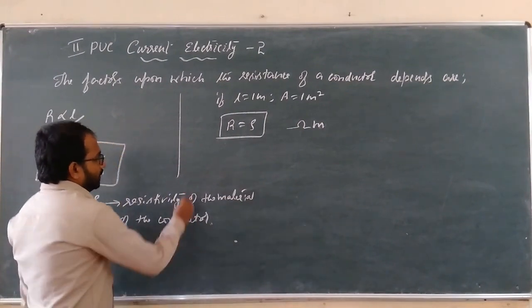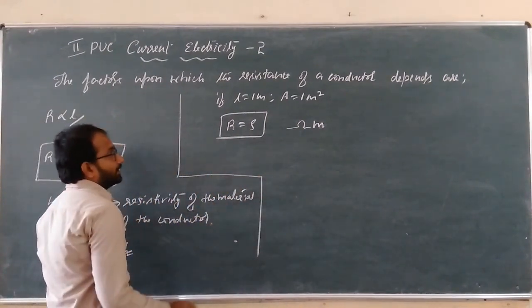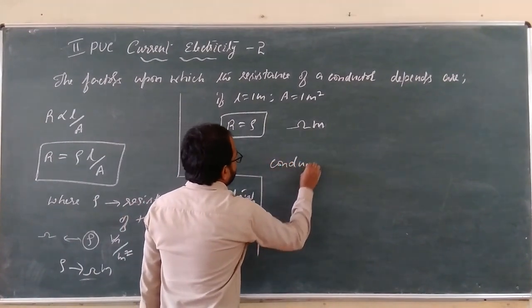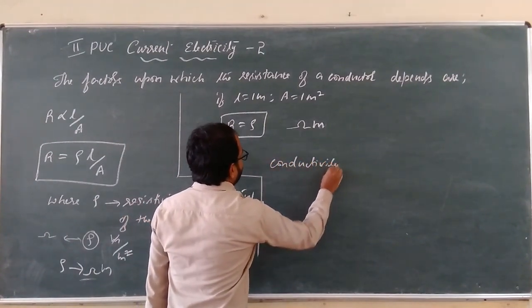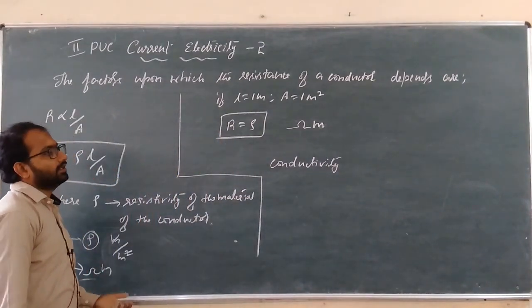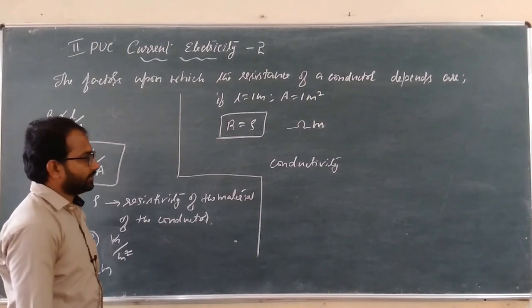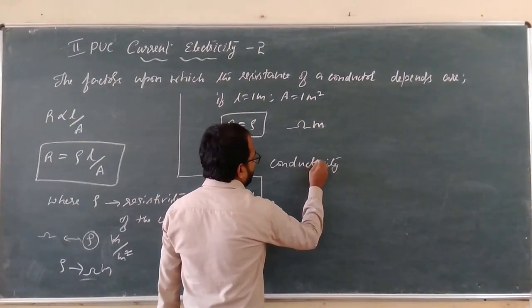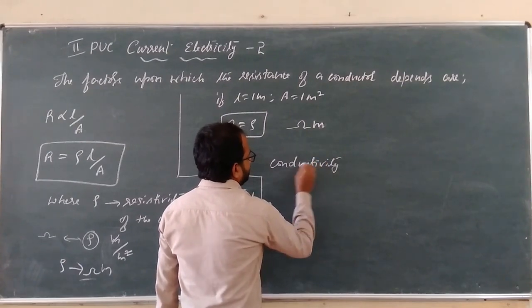Okay, so now I can define a term called conductivity. See, while defining the term resistance, we also defined a term called conductance. So here we have the resistivity, so you have another term called conductivity, right?